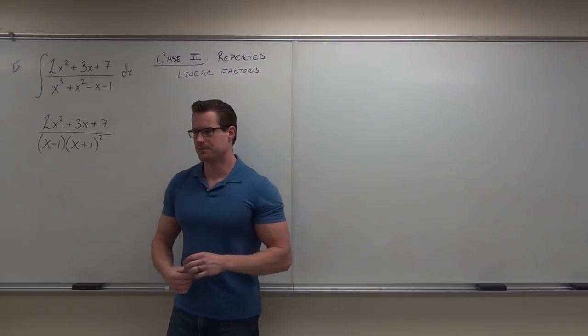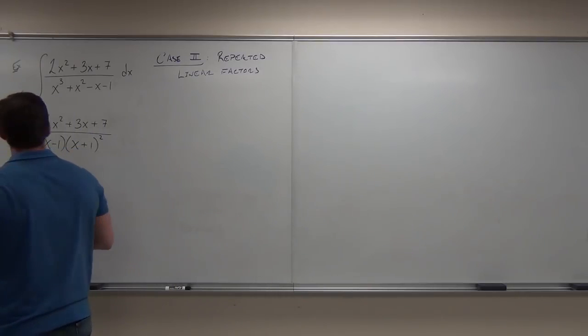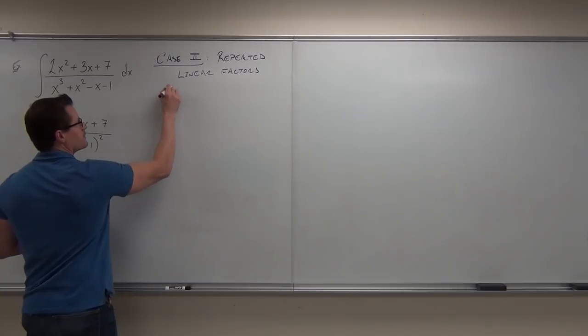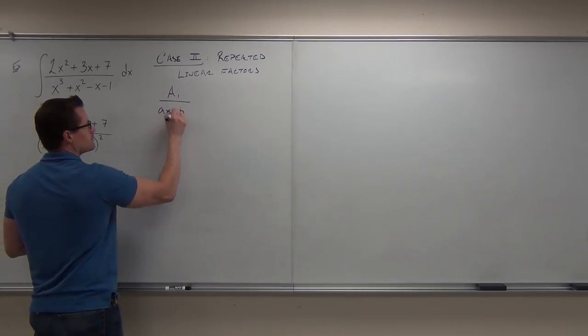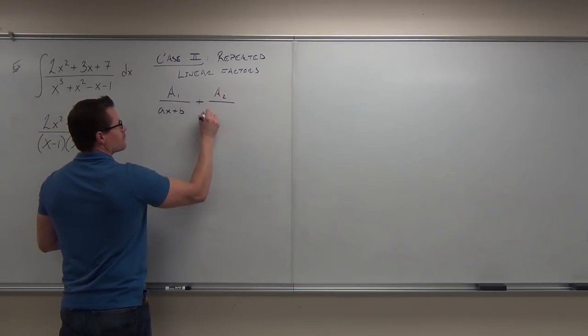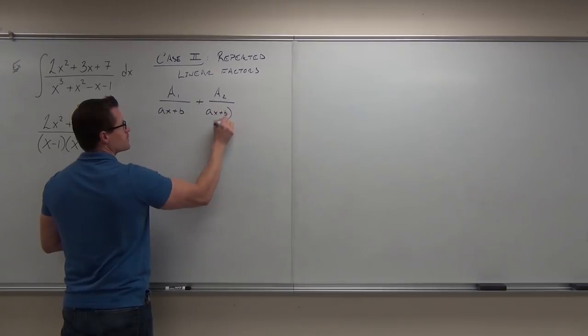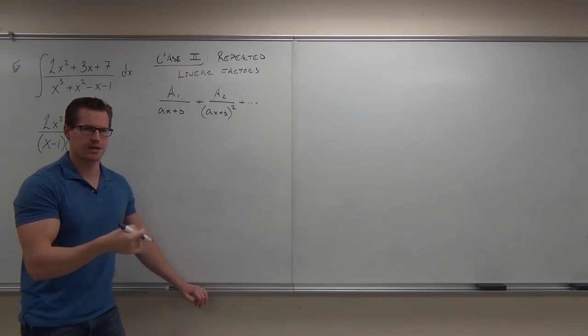So here's how you do it. With any repeated linear factors, what we end up doing is we write A1 over the first factor plus A2 over that factor to whatever power we have, and we continue until we run out of the repeated factors.